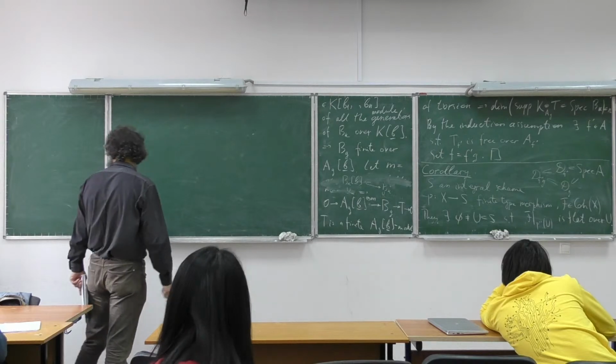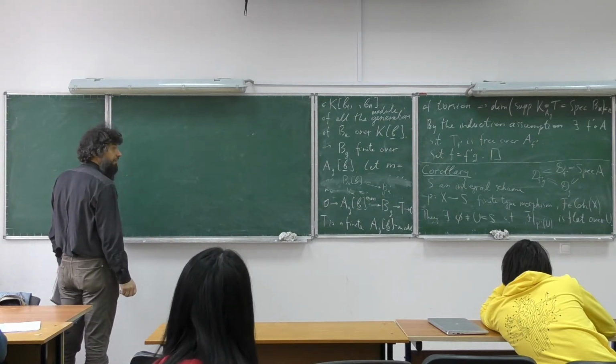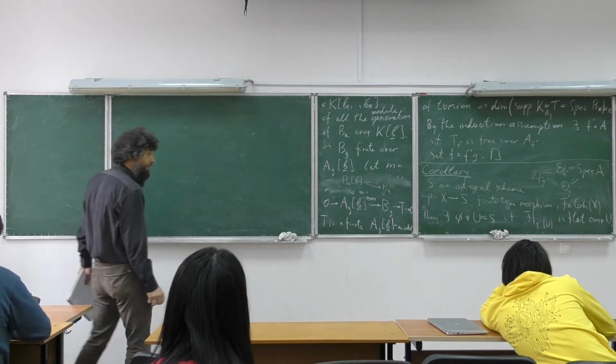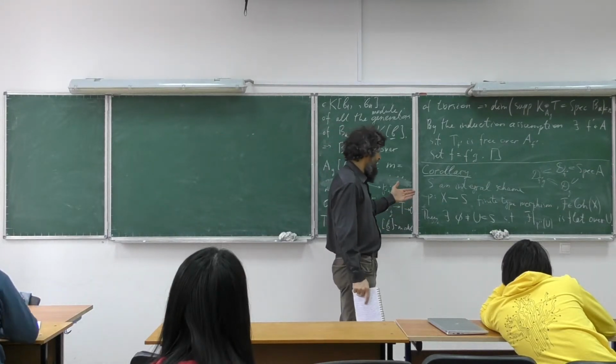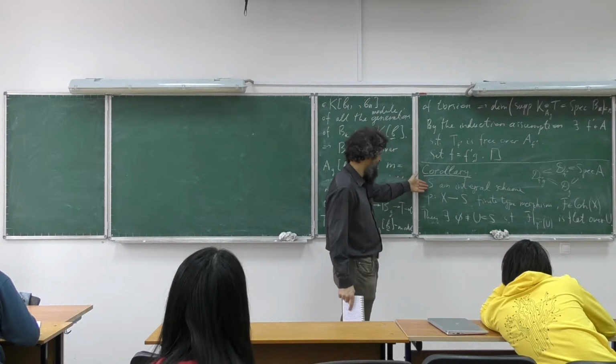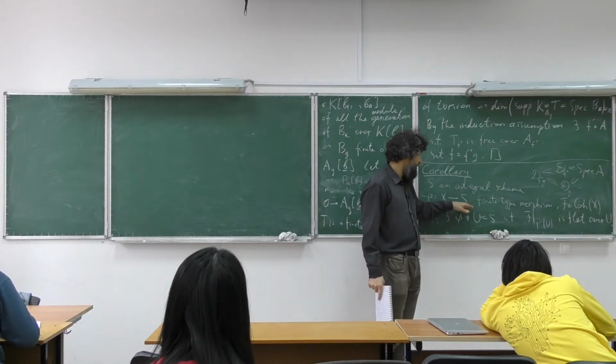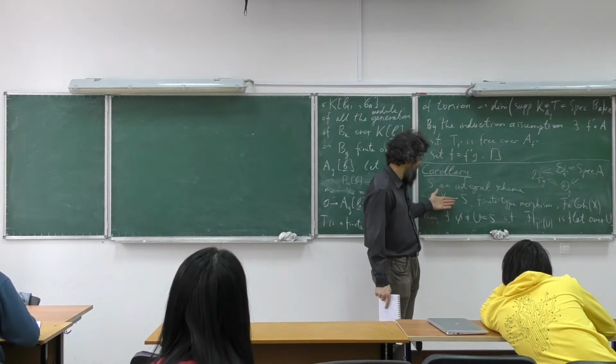Okay, so what was I saying? Given a coherent sheaf over some base, there is an open set of this base over which this coherent sheaf is flat.